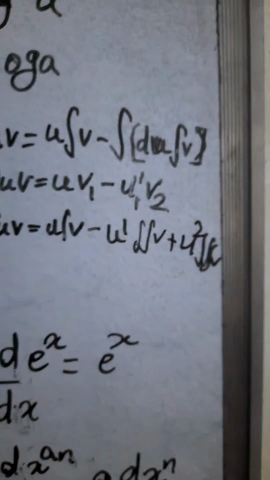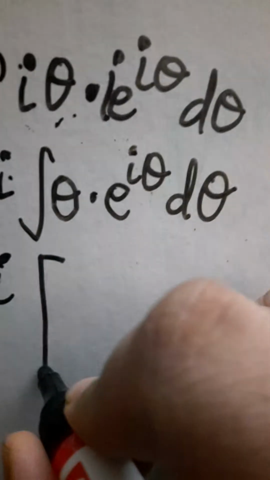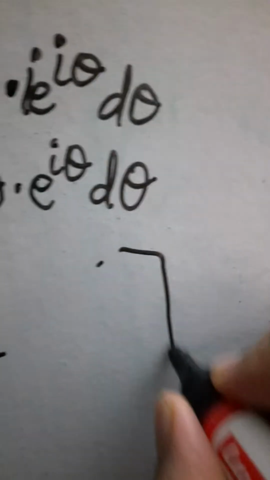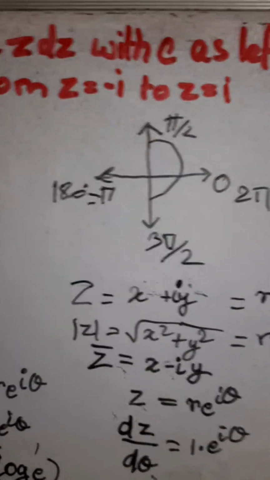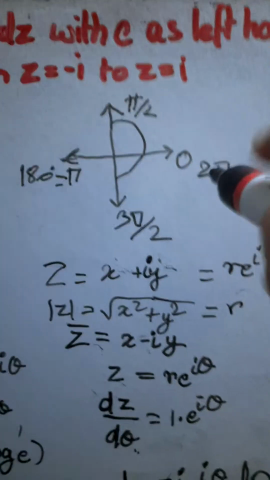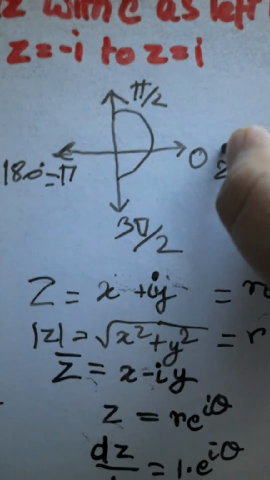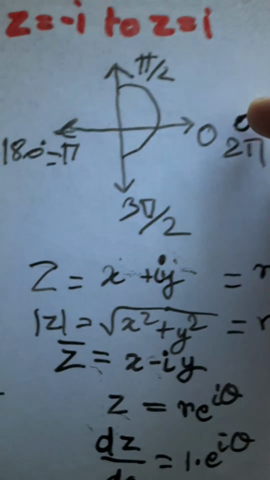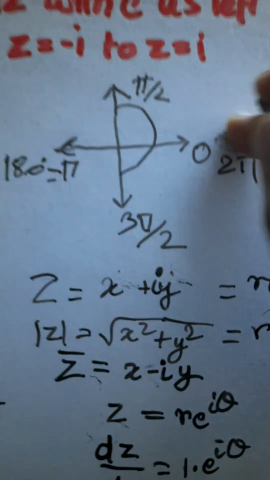There are three ways to remember it, you can remember any you like. Now i into, by the way, did you understand which angles we have to take? See, we have z from minus i to i, so this is 0, and this is 1.